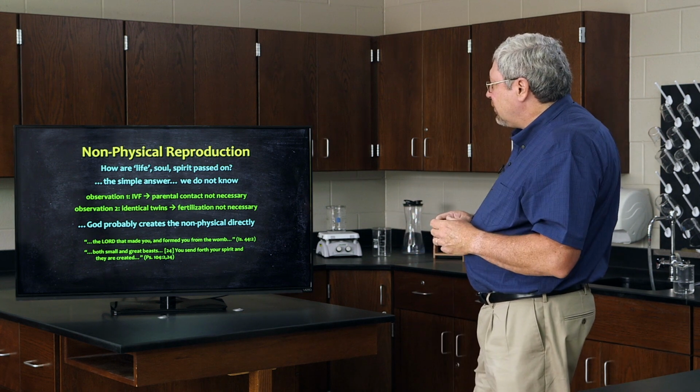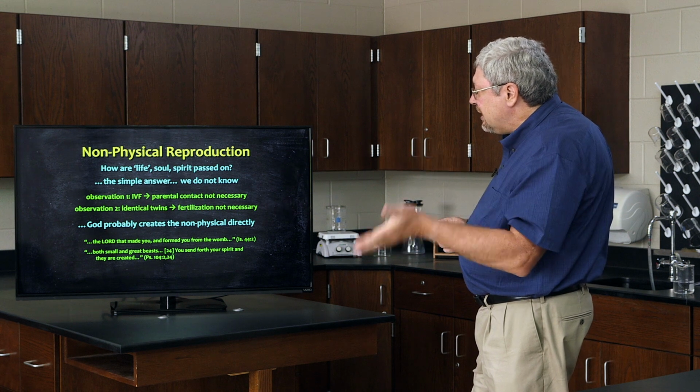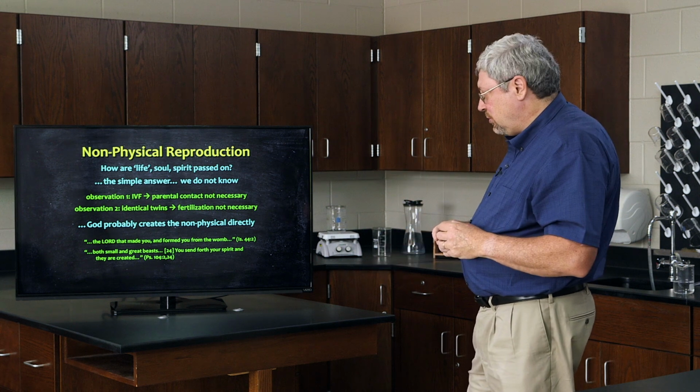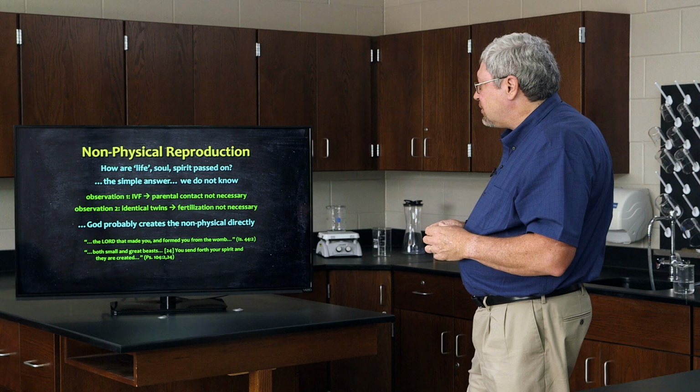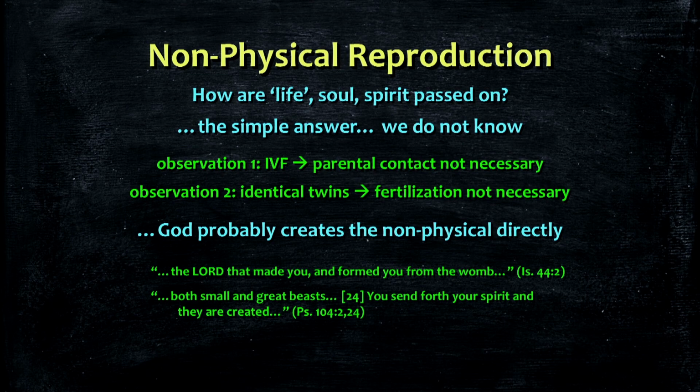It says in Isaiah 44:2, "The Lord has made you, formed you from the womb." Psalm 104:24-30, speaking about the animals of the land, both small and great beasts, "You, God, send forth your spirit and they are created."